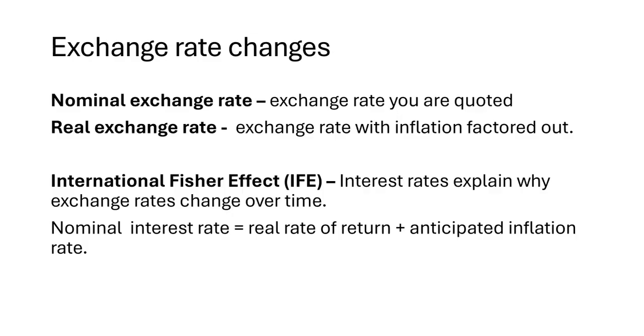So when we look at exchange rates, what we need to first look at is the nominal exchange rate. That is the exchange rate you get quoted. But there's also a real exchange rate. Now, remember, whenever you see an economic term that is labeled real, it means that there's been some type of statistical adjustment.